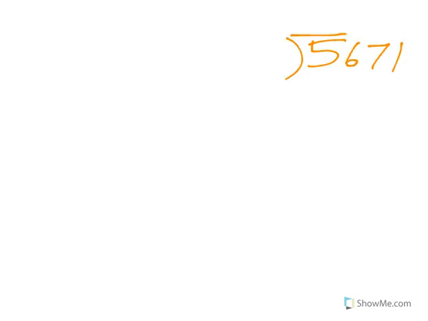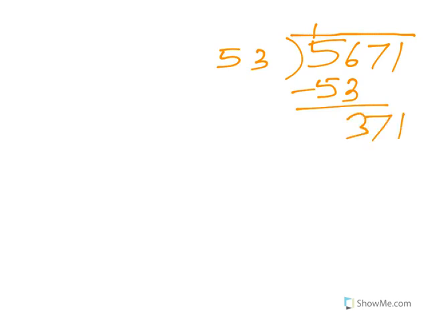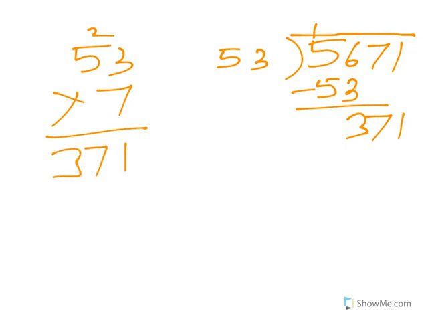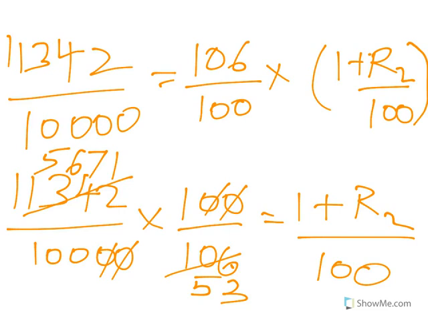Divided by 53. 1 minus 53. 3, 7, 1. I think 53 times 7. 7 threes are 21. 30, 71. Okay, so it works. So this is 1 and this is 17.